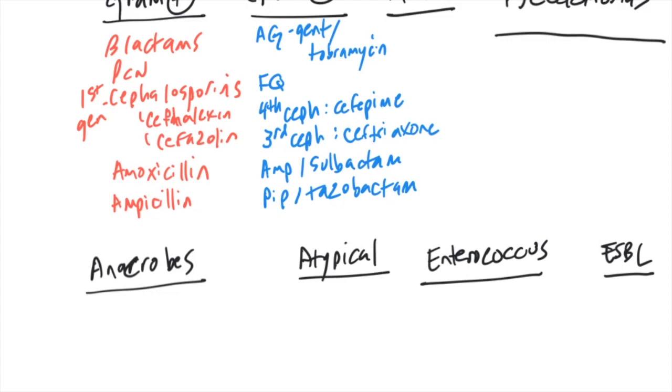Moving on to community-acquired MRSA. Community-acquired MRSA was really found in the NFL with the St. Louis Rams in their locker rooms, where the locker rooms had benches that might not have been wiped down, towels being shared, that kind of thing.